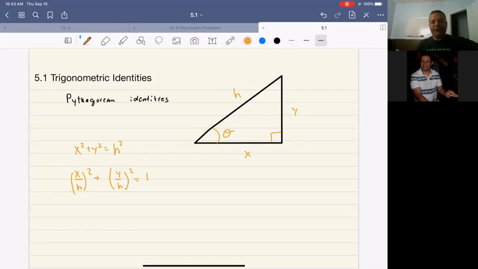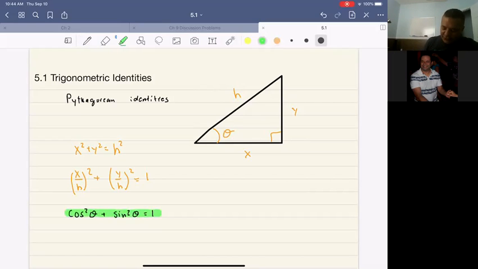Okay, so once we do that, then we can sort of imagine this x over h, that's going to be the cosine of theta. So cosine squared of theta plus sine squared of theta equals 1. So that's the most important identity, I would say, in trigonometry. Okay, it's one of the most used ones that you'll ever have.